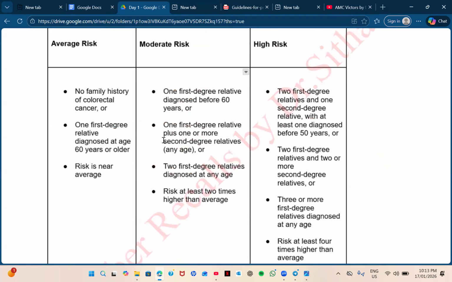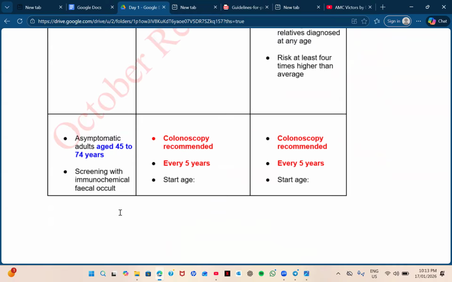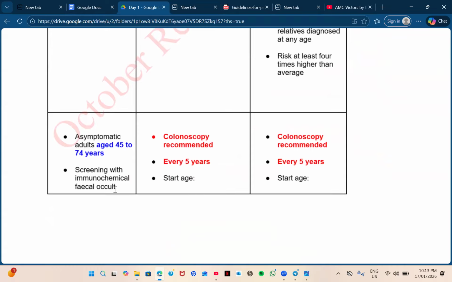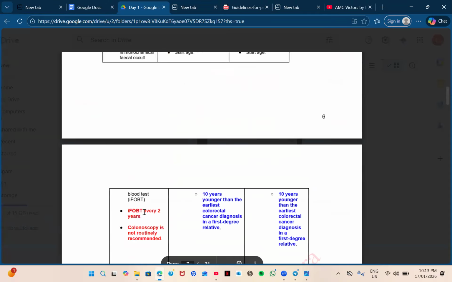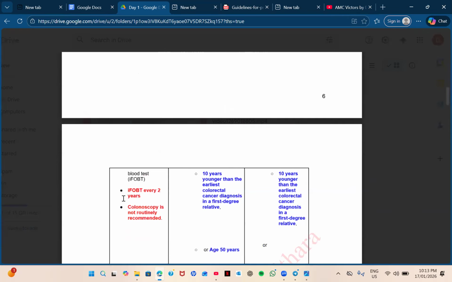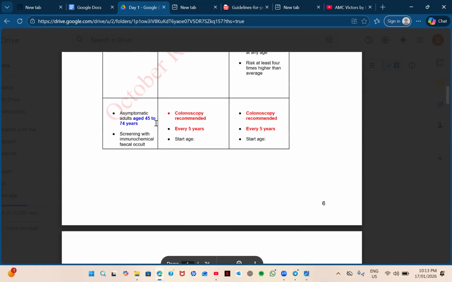So average risk people, asymptomatic adults age 45 to 74, we have to start from 45 till 74 years. In here, what we should do is screening with immunochemical fecal occult blood test, iFOBT, every 2 years, starting from 45 years to 74 years.